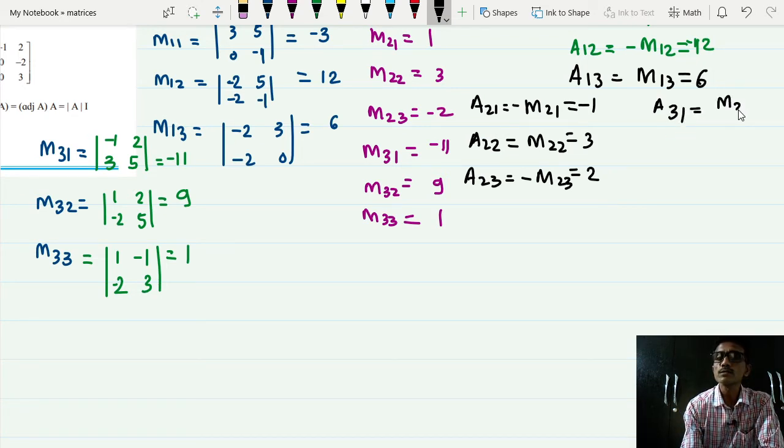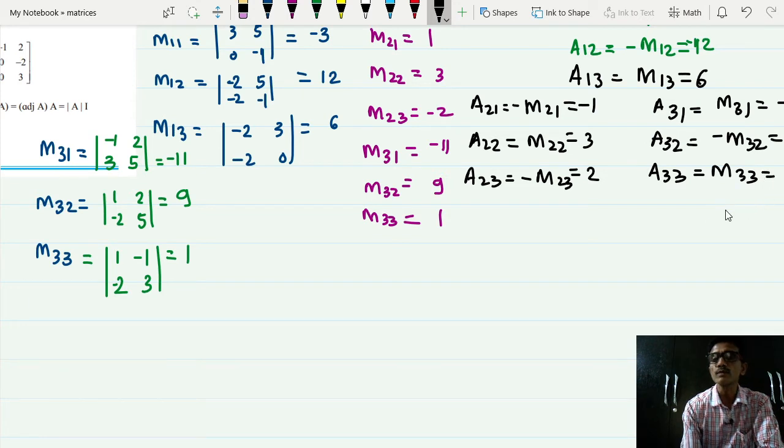Why? Because 3 plus 1 becomes an even number. So M31 is minus 11. There will be no change in sign. Here A32 is equal to minus M32, and what is our M32? 9, so it will be negative. A33 is equal to M33. There will be no change in sign. What is our M33? 1.